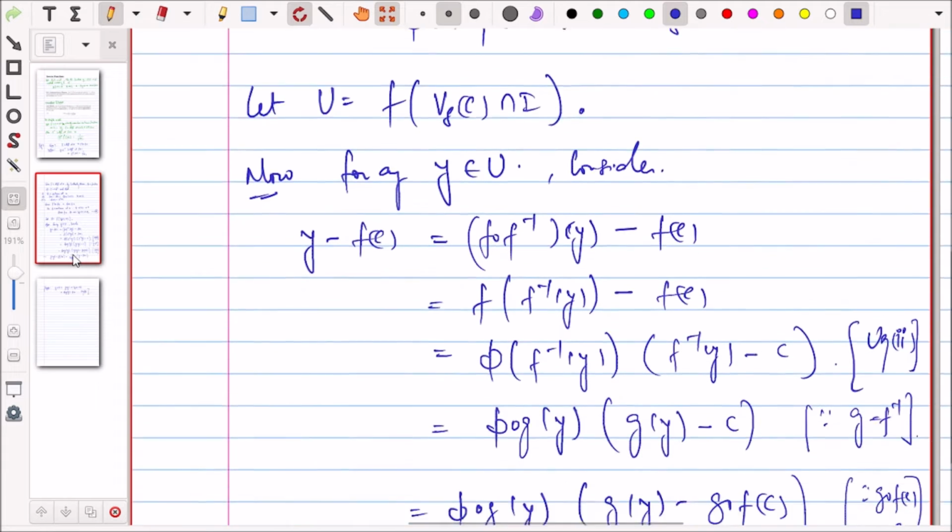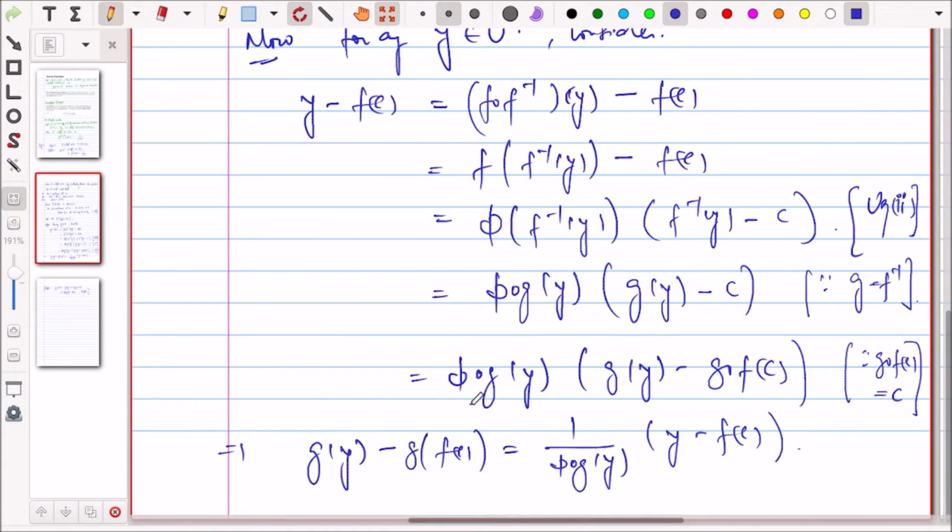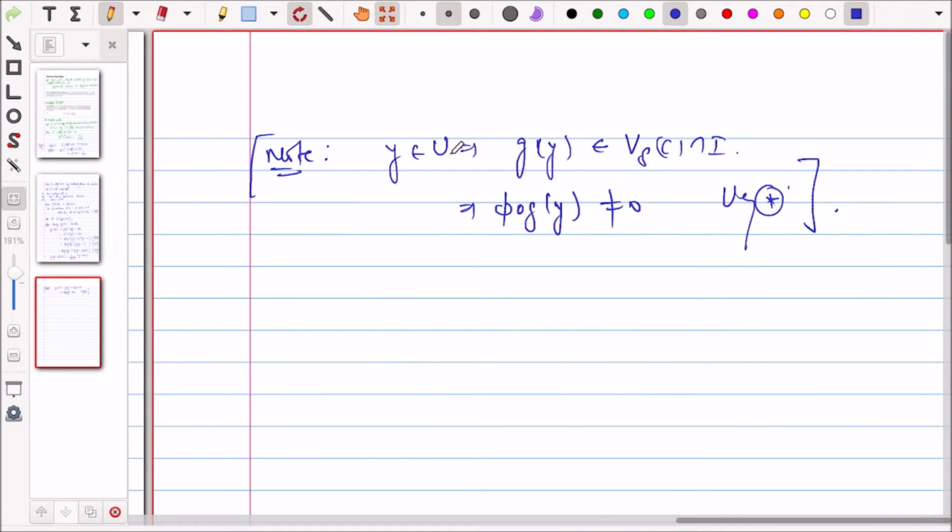Therefore we divided and brought it to the denominator, because this is non-zero. And why non-zero? Because y is in u, and so gy belongs to this interval, and phi is non-zero on this interval, right?